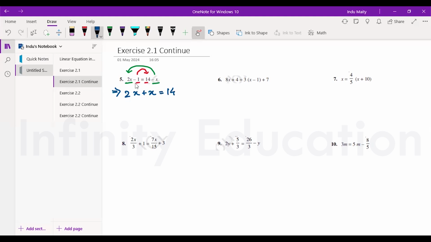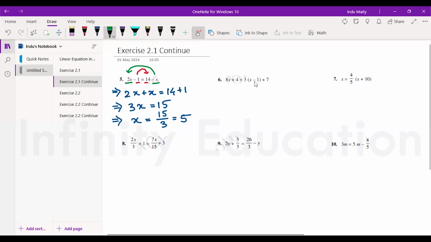This minus 1 on the left side, taken to the right side, will be positive 1. So 2x plus x is 3x is equal to 14 plus 1 is 15. Now, as x is multiplied with 3, we will take that 3 to the right side. So x is 15 by 3, which is 5, the answer to the question.